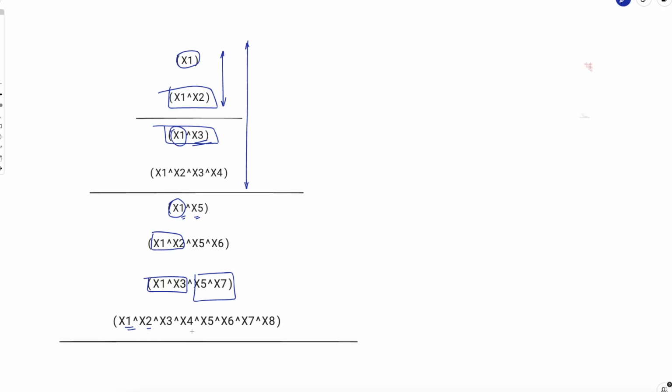The pattern is, for a given length x, you will figure out the nearest power of 2. Let's say the nearest power of 2 is 2 power L. Just assume that.